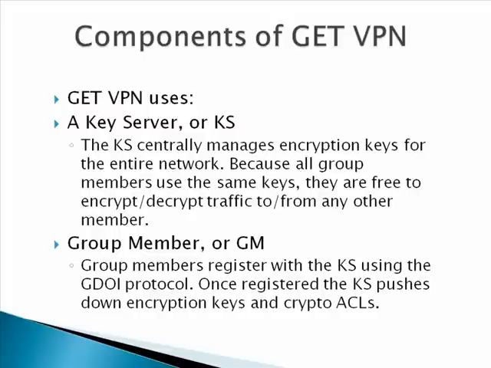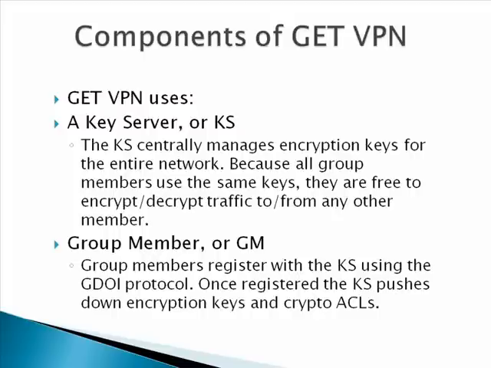So again, centralization of your encryption keys and authentication. Okay, the group members are the other component. The group members are simply a router that's going to be taking part in this GET configuration.